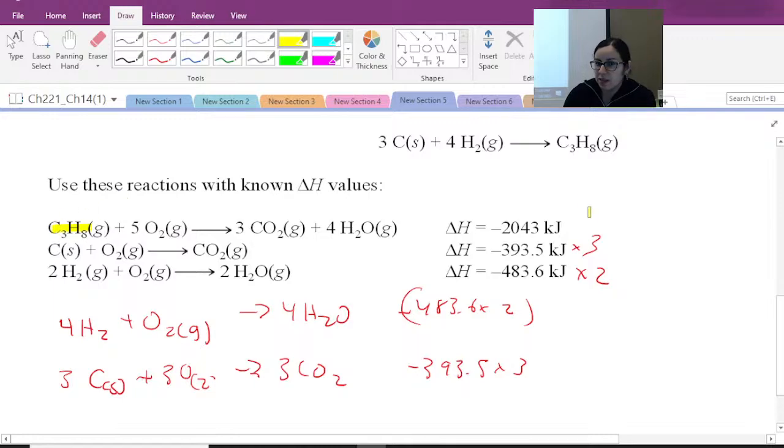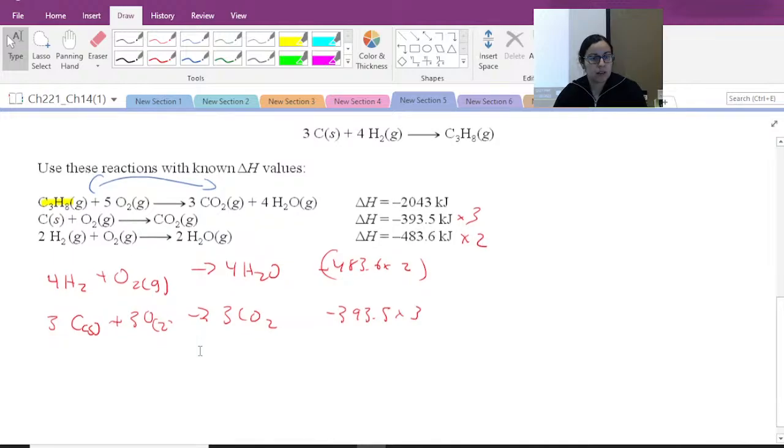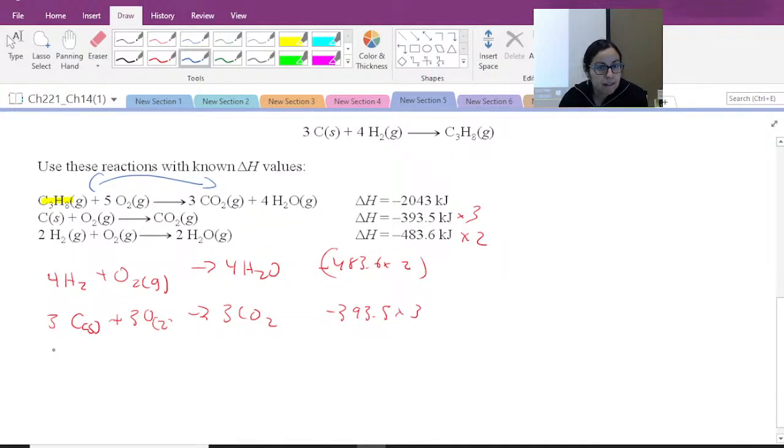Right now it's a reactant, and we need it as a product. On that top reaction, if we switch the direction of the arrow, then it's a reactant, and we have the 3CO2 and the 4H2O from the other equations. If we add those two equations together, we get on the other end the propane and the 5O2, and we have 5O2 on both sides, so we can take the 5O2 out.